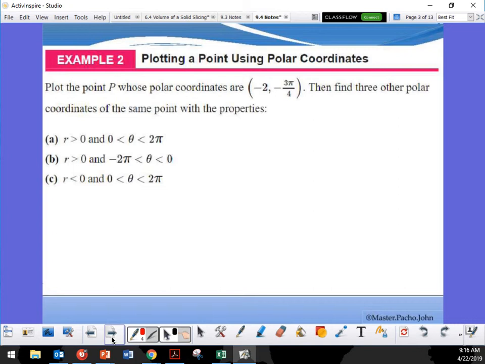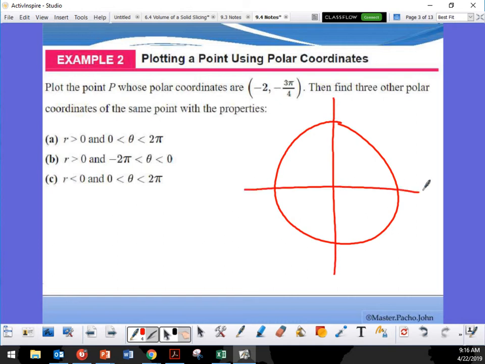Okay, so another way of doing this, let's take a look. This is supposed to be, let me see, a negative 3 pi over 4, which is going to put it this way, right? It's going to go right here, and it's going to go a radius of 2.